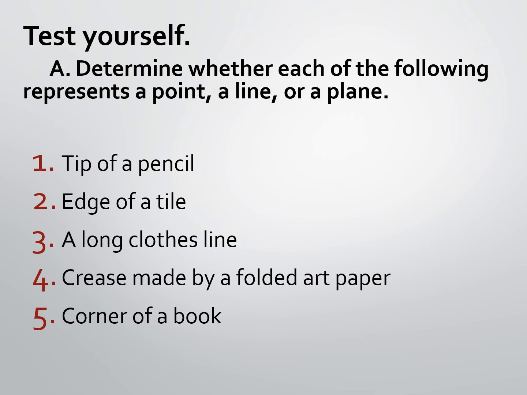I'm giving you 3 minutes to answer these 5 questions. You're just going to identify if that is a point, a line, or a plane: tip of a pencil, edge of a tile, a long clothesline, crease made by folded art paper, and corner of a book.